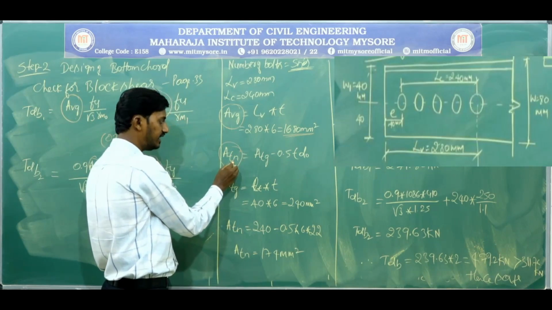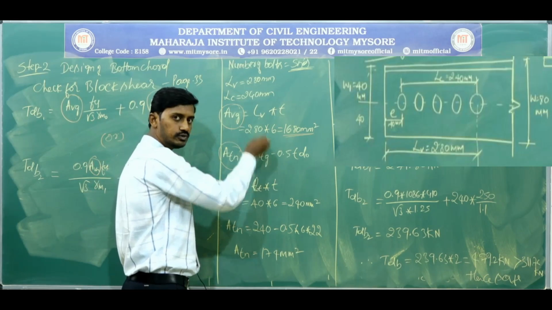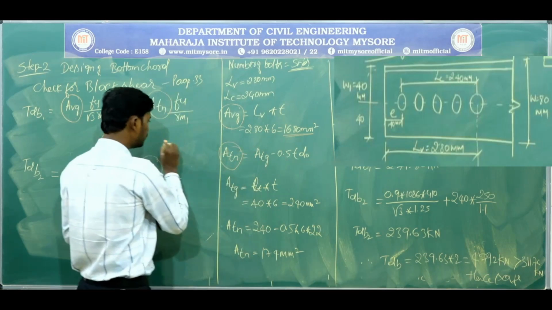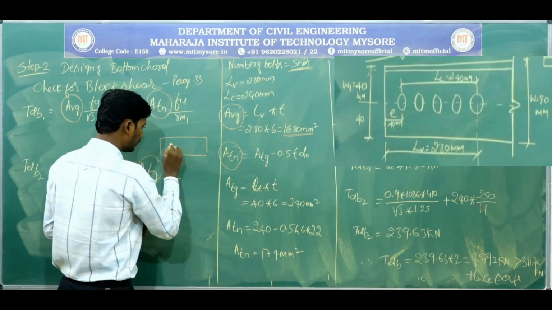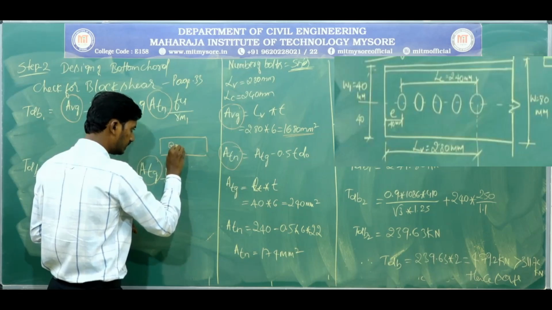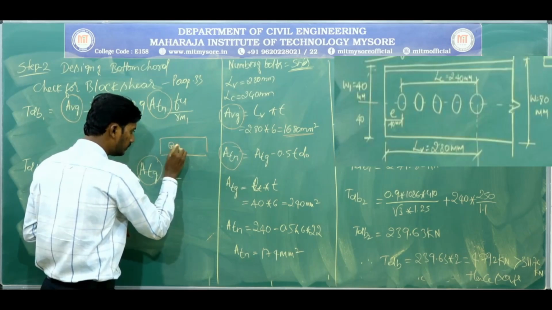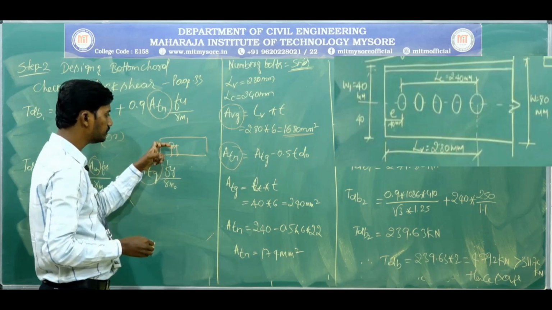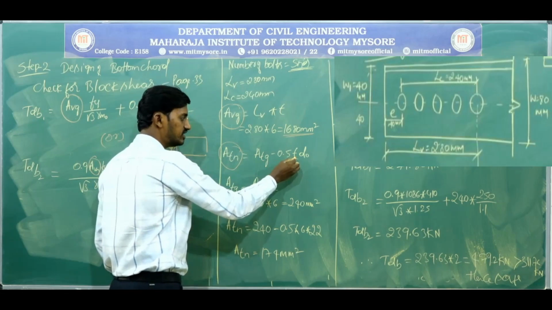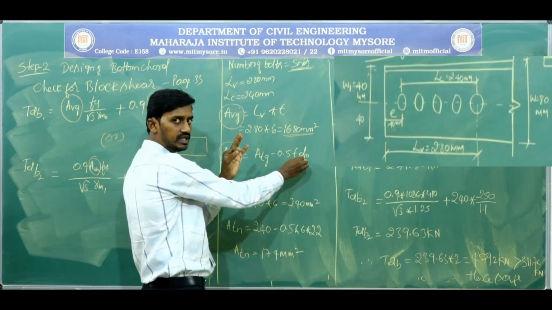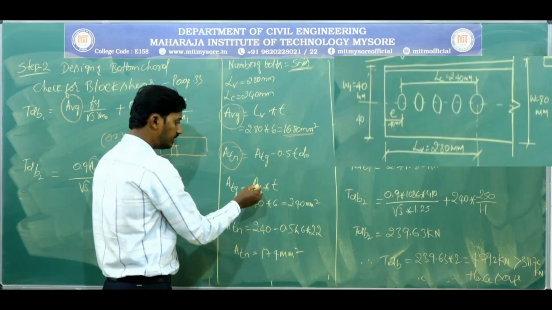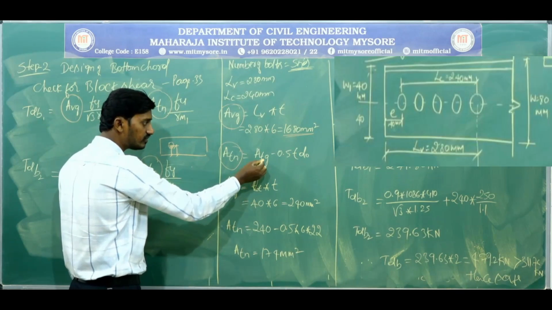Next, ATN. ATN is nothing but the gross area of the transverse direction minus 0.5 times the hole. If you consider the angle, the bolt will be here, and we want the area from this center to this edge. So we are going to deduct this portion, half of the bolt hole, that is 0.5 times the thickness of that angle multiplied by the hole diameter. Only half of the bolt we are deducting. And what is ATG?